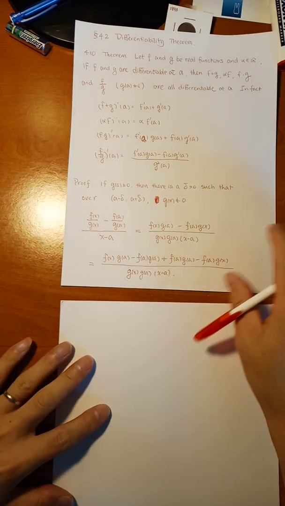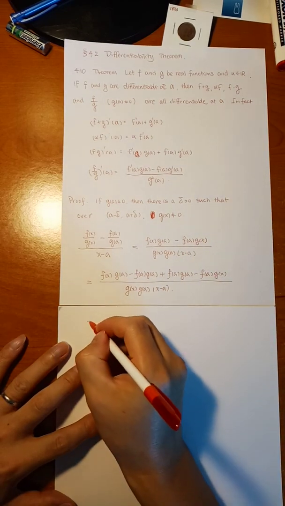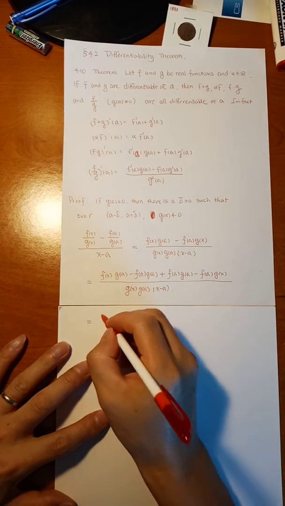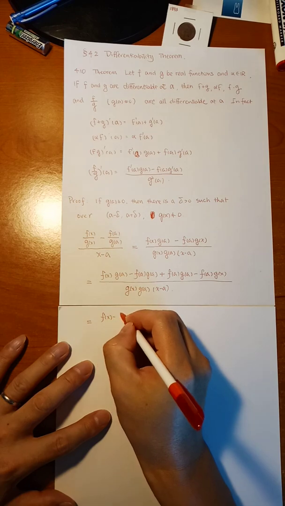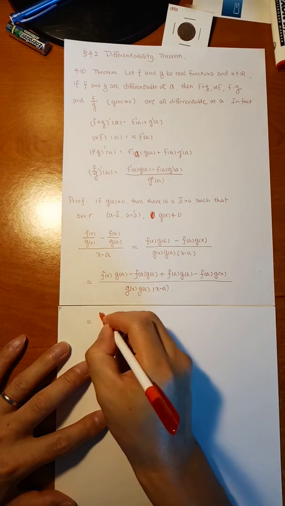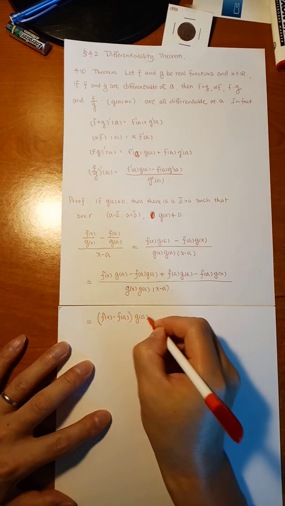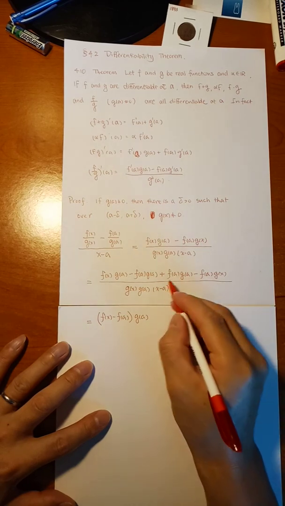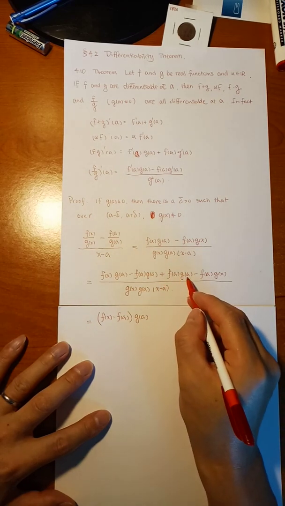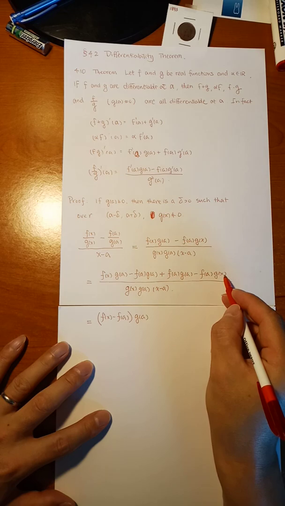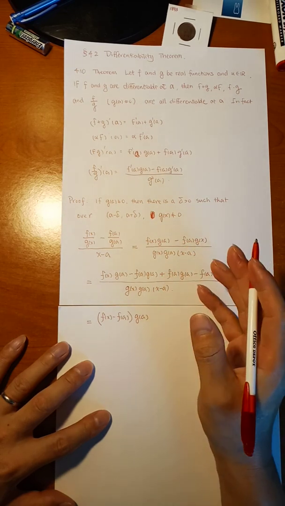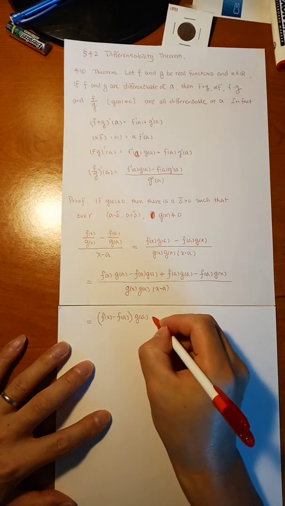Then next, in the numerator we factor out g of a, so we get f of x minus f of a, times g of a. And here's plus f of a; you factor out f of a, you have g of a minus g of x. We don't want g of a minus g of x, so we have to switch the order.